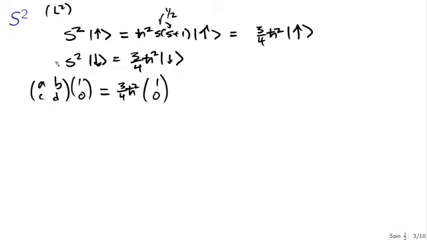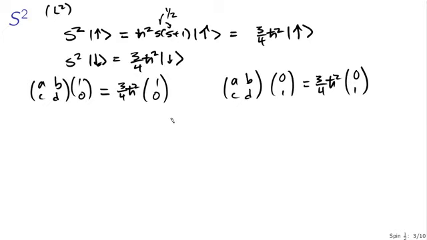Likewise, we have our action of S squared on spin down, which we know about. Our unknown A, B, C, D matrix acting on 0, 1 gives us the same thing, 3/4 h bar squared, 0, 1. Now each of these we can expand out. We can do the matrix vector product here, and when we do, we get A, C is equal to 3/4 h bar squared, 1, 0.